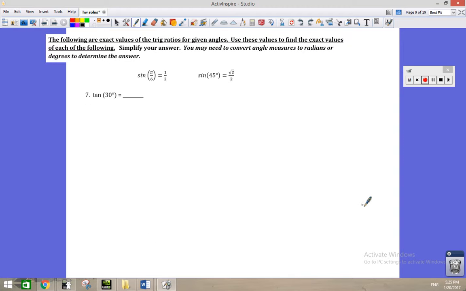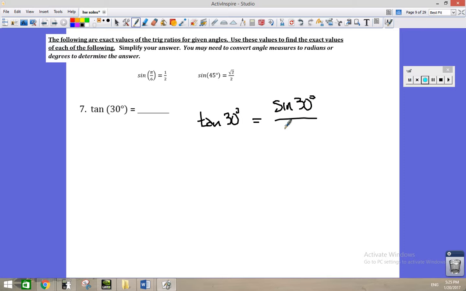So let's take a look at number 7 here, tangent of 30 degrees. Again, if I'm trying to use the trig identities, I have a quotient identity that says that the tangent of 30 degrees is the sine of 30 degrees divided by the cosine of 30 degrees.